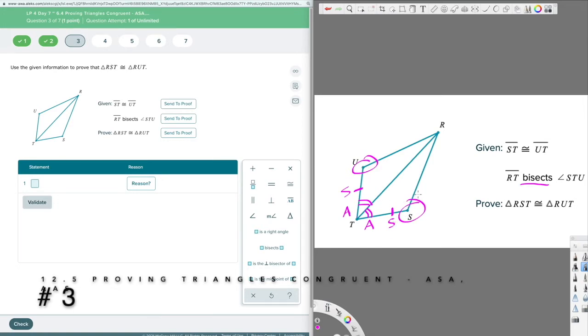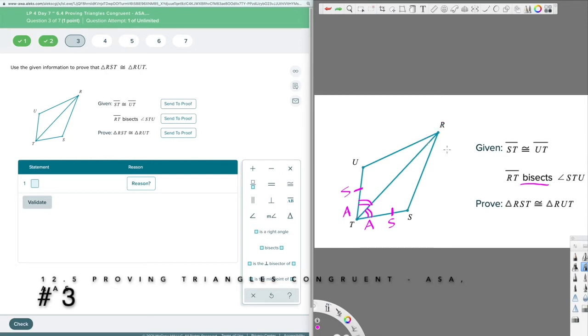They look similar to each other, but I can't prove that they're congruent. Or I'd want to prove something about this angle up here. And again, just because RT was a bisector down here does not mean it's a bisector on this side. That's not a guarantee. So I can't prove anything about that either.